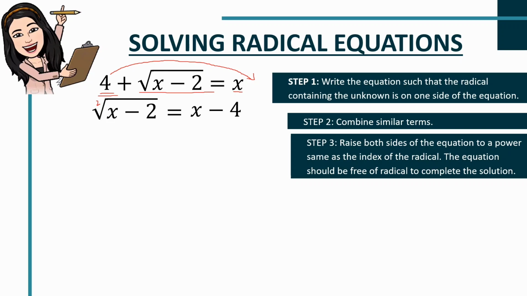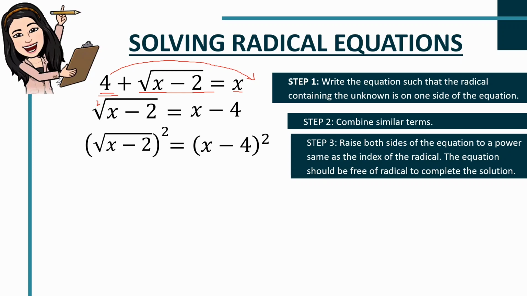So, itong square root of x minus 2 will be raised to the power of 2. At itong x minus 4, kapag ni-raise po natin yan, hindi po yan x squared minus 4 squared. Hindi po. Dapat po yung buong binomial na x minus 4 ay i-raise natin to the power of 2. And that will become x minus 4 raised to the power of 2.